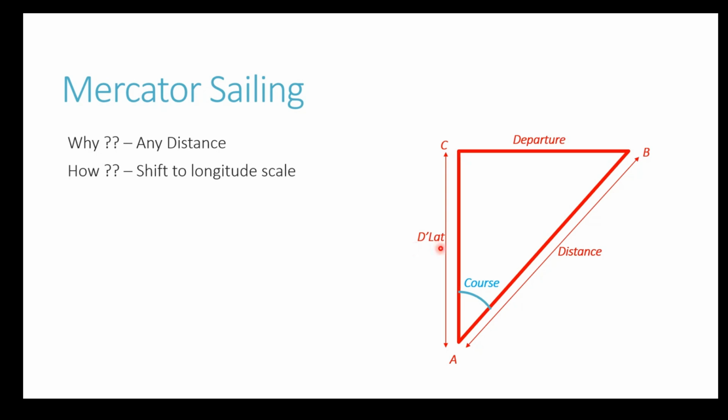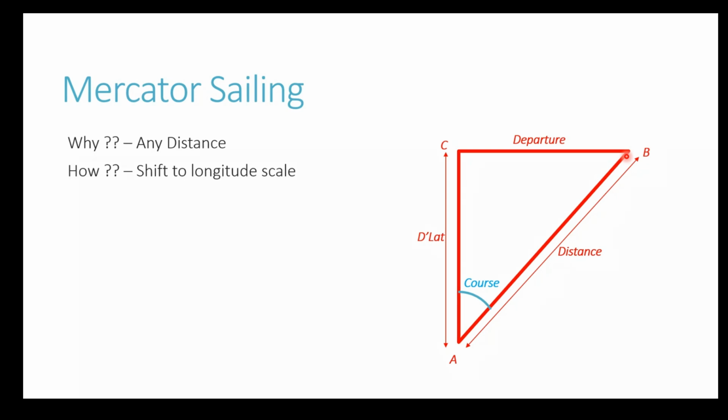The D-lat between two places is the number of times 1 minute of latitude can be placed, the minutes of latitude between the two places, again measured on the latitude scale. The third side was the departure, which I told you is the actual east-west distance between any two positions. So all distances are measured on the latitude scale. We measured all three sides of this triangle in latitude units.